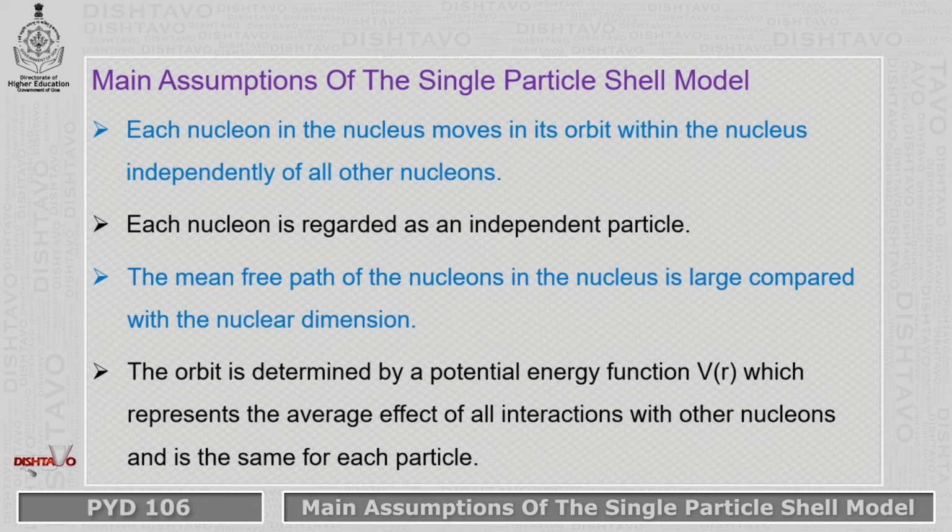The mean free path of the nucleons in the nucleus is large compared with the nuclear dimension. The orbit is determined by a potential energy function V(r), which represents the average effect of all interactions with other nucleons and is the same for each particle.